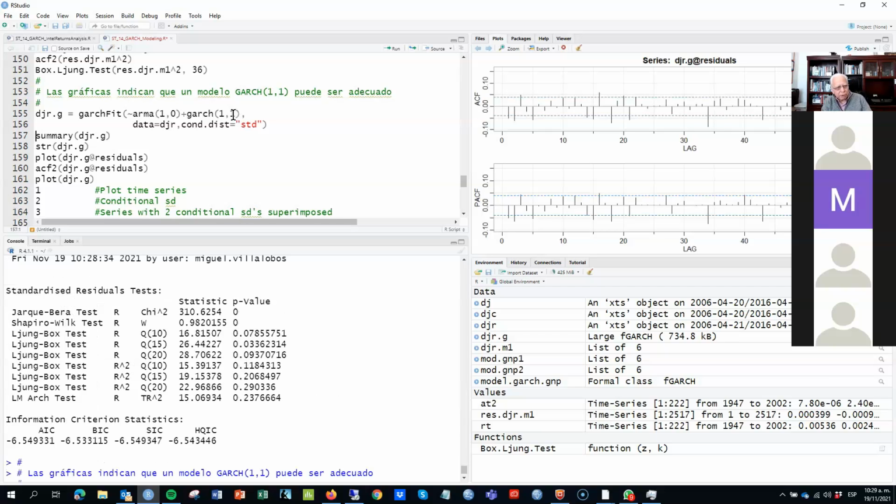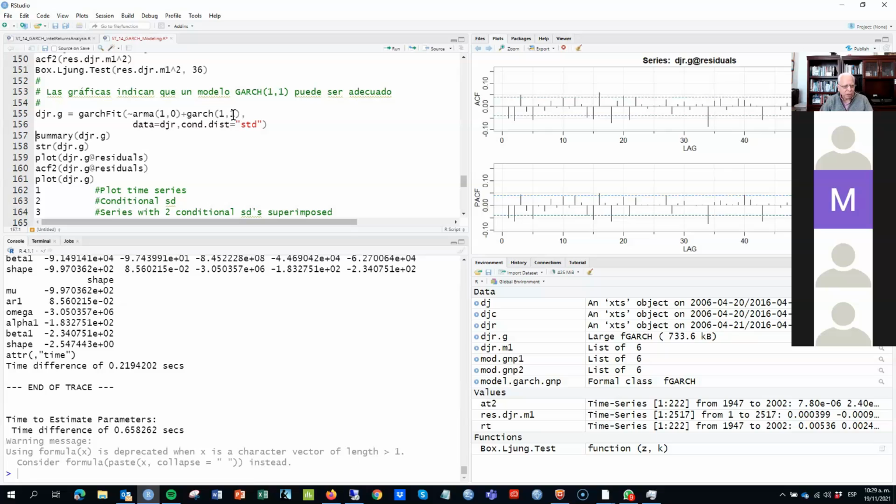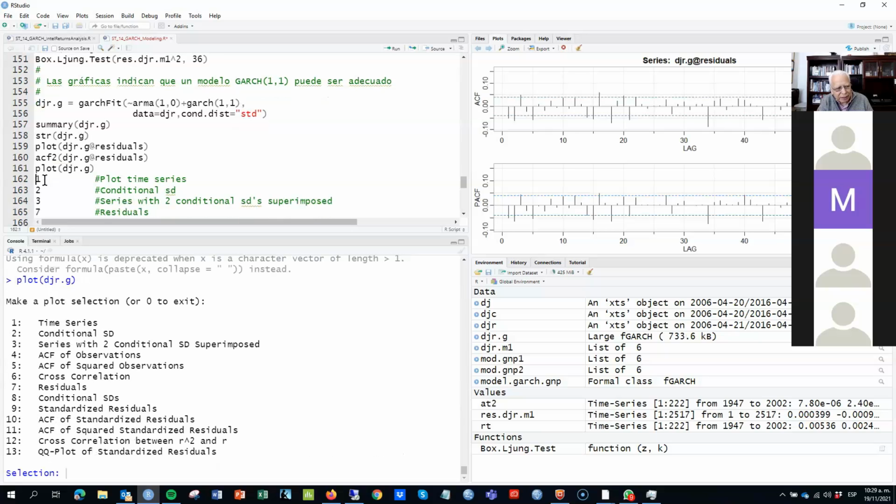Okay, so I'm fitting the model again, and I have already seen my ACF and PACF of the residuals. But there's an easier way to get all these plots. When the function plot identifies that the object it is going to plot is the result of a GARCH fit, a GARCH model together with an ARMA model, then the function plot has several alternatives.